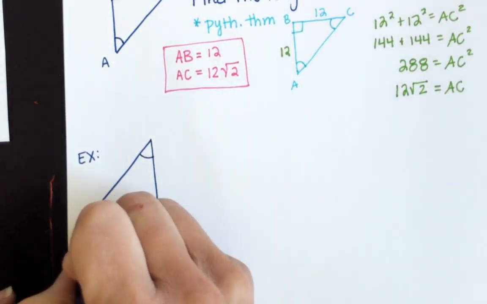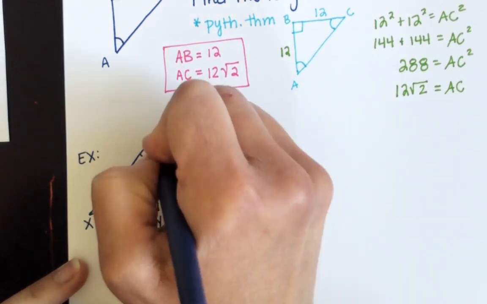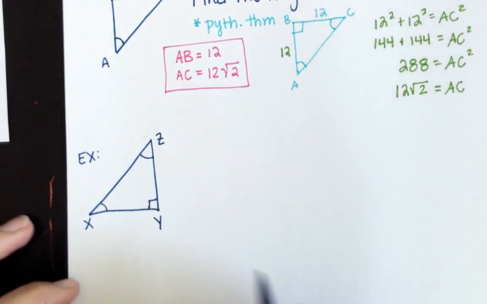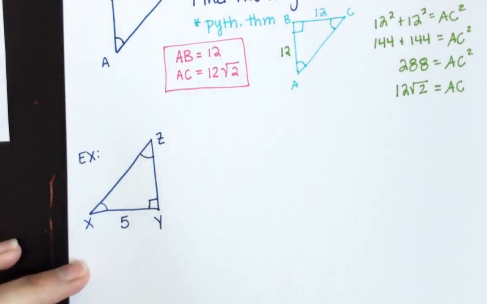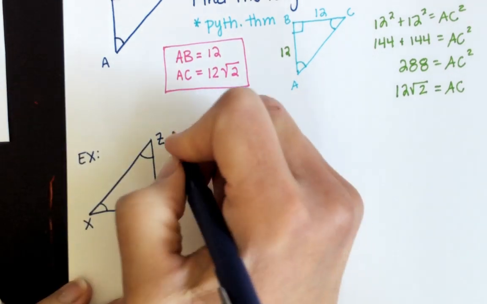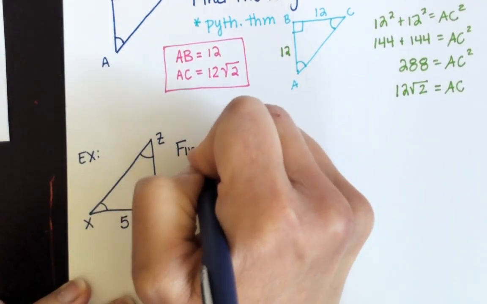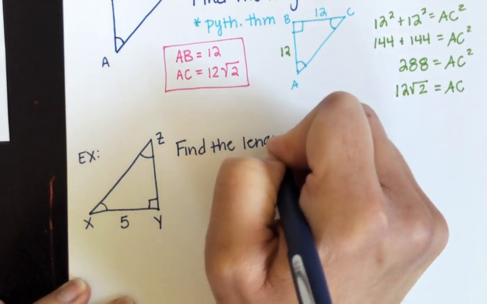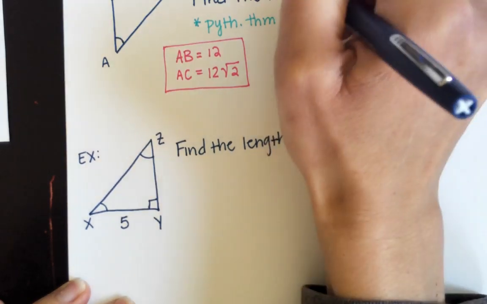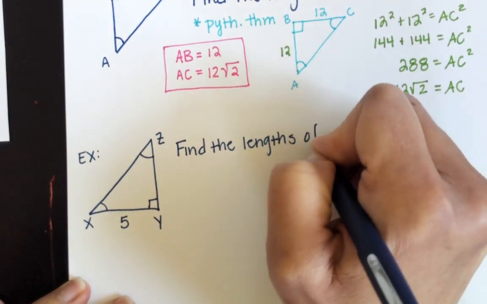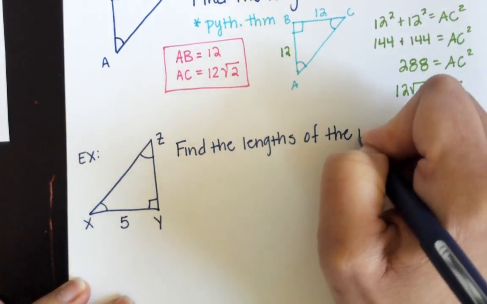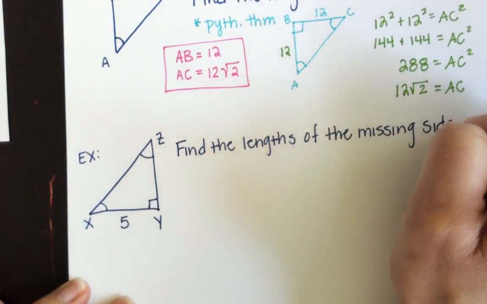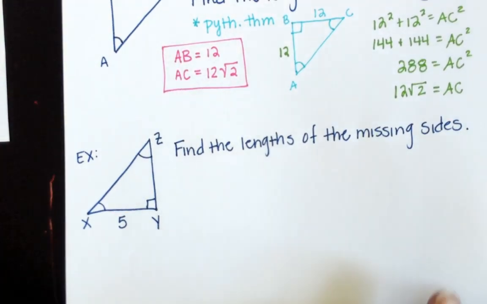And X, Y, Z. And I told you this side was 5. And I'm going to ask the same question.